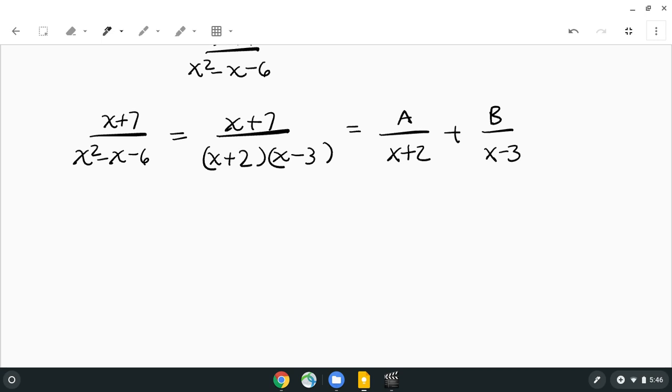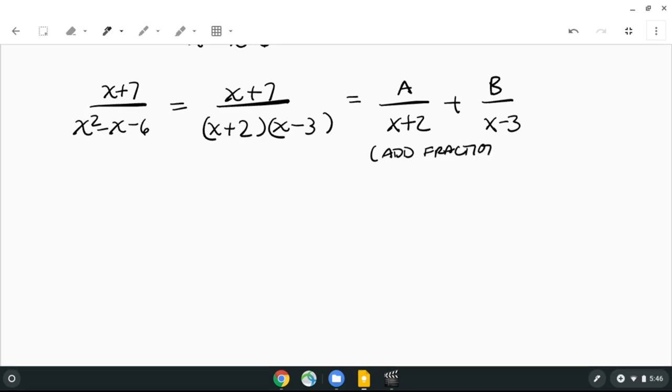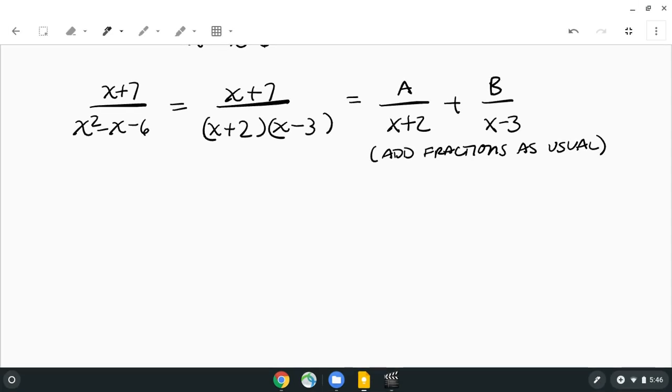The next step, if you look at the steps for the process, we have it set up, and so now we can go ahead and add these two fractions. So I'm going to bring those two fractions down here.